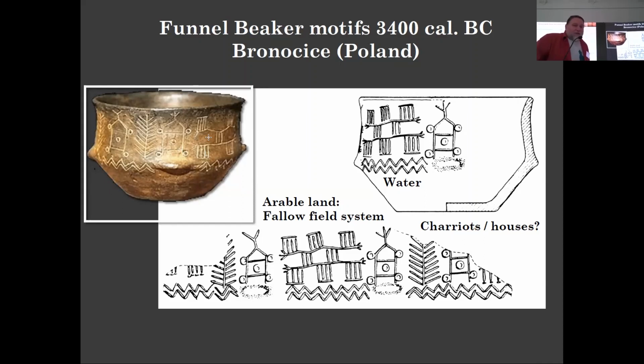So here you can see the sign of water, sign of arable land or land divisions, as we would possibly expect the following system of agriculture, and then objects which are commonly interpreted as chariots, but they could be also houses.